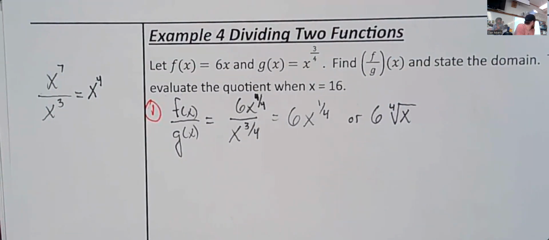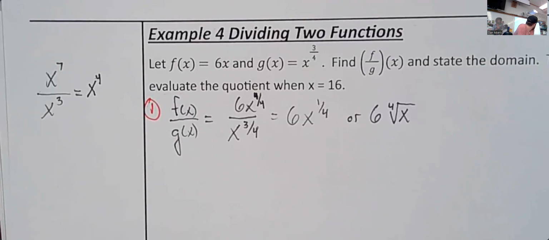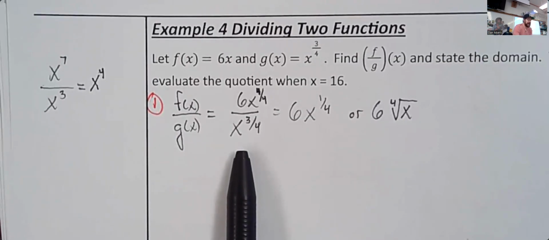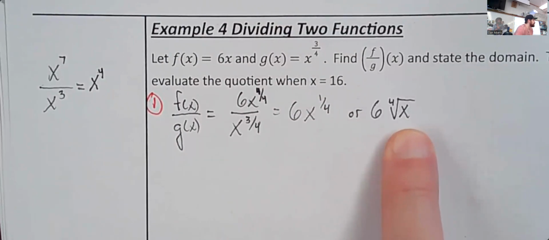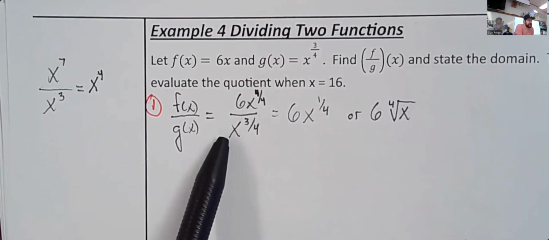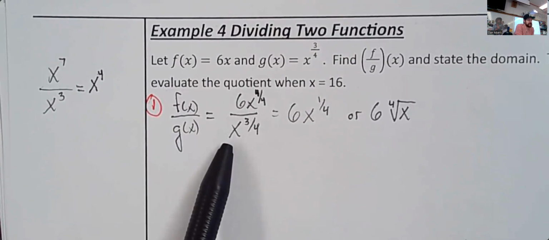Now, we have to be a little bit more careful this time about our domain. We have to consider both the beginning and the end for possible values of x. We have to consider two things here, because with division, we cannot have a denominator equal to 0.